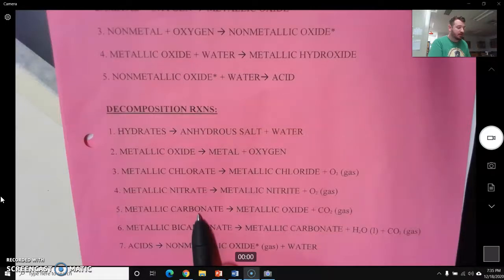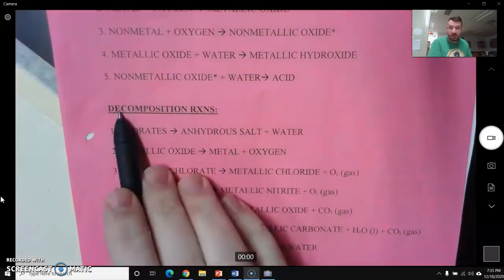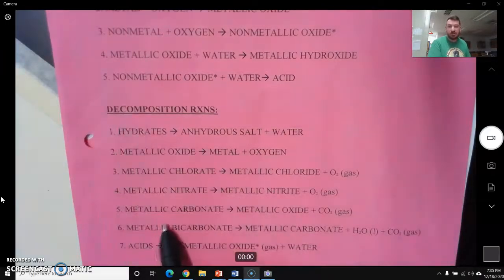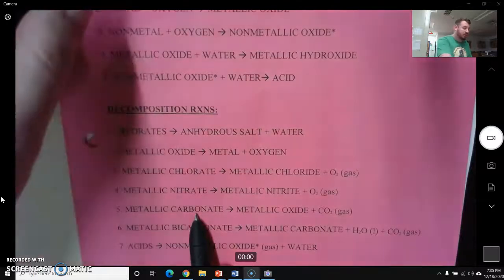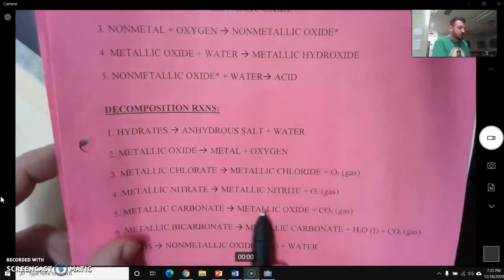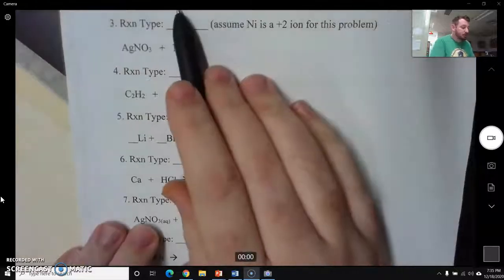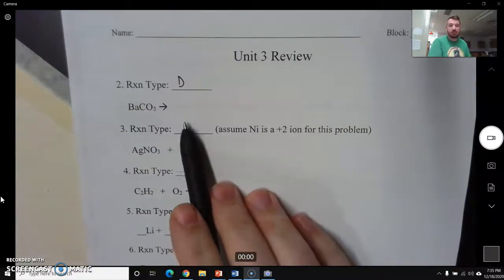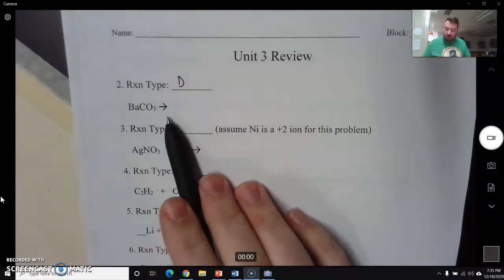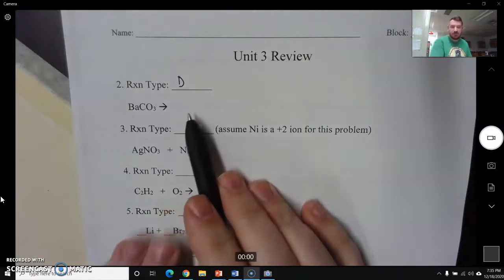Right? I identified this because I knew it was a decomposition reaction. So I look on this list, and I saw the carbonate in there. Okay, so my product should be a metallic oxide plus CO2. So I should end up with barium oxide plus CO2.